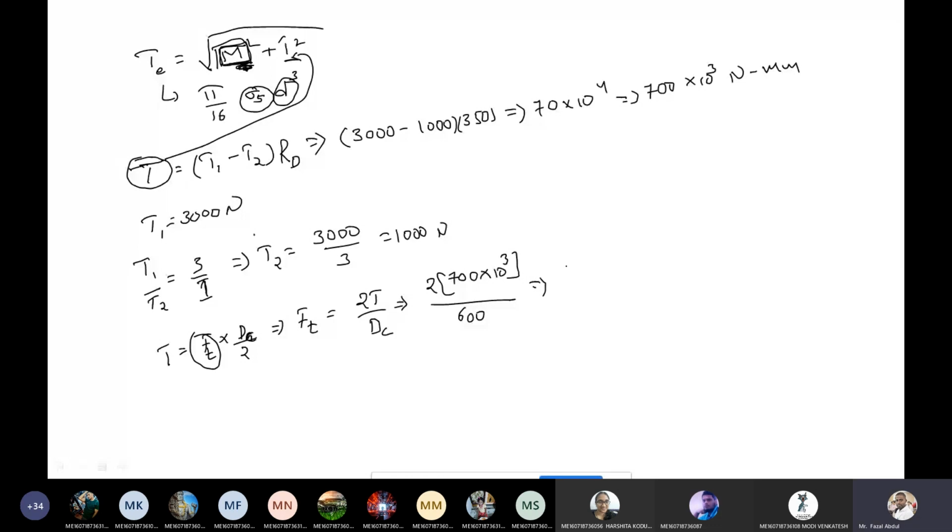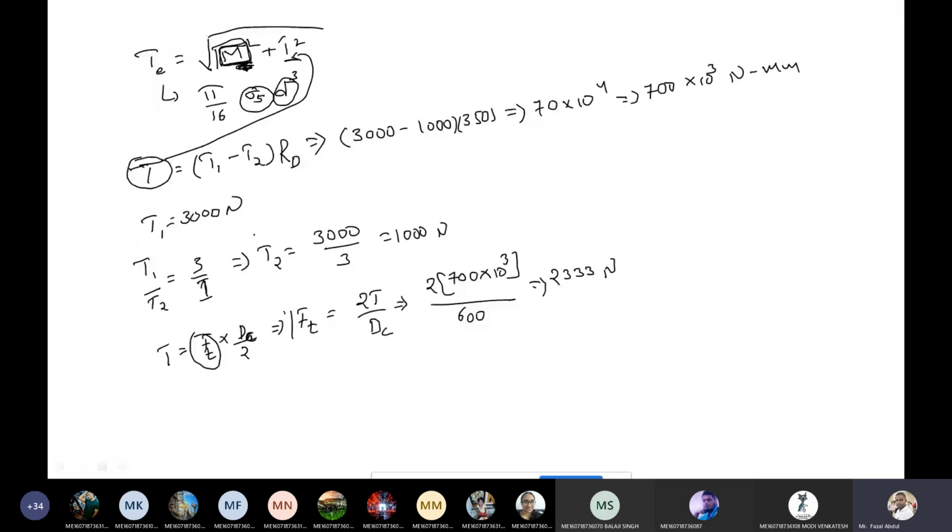Verify again what you did. 4,666, not. Sir, 2333. Very good. 2333. What is the unit here? The unit is newtons.